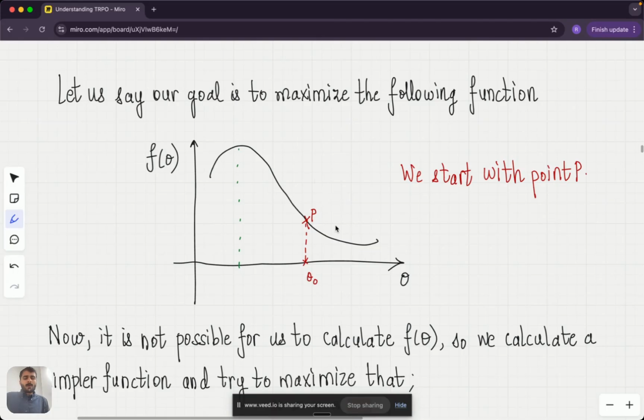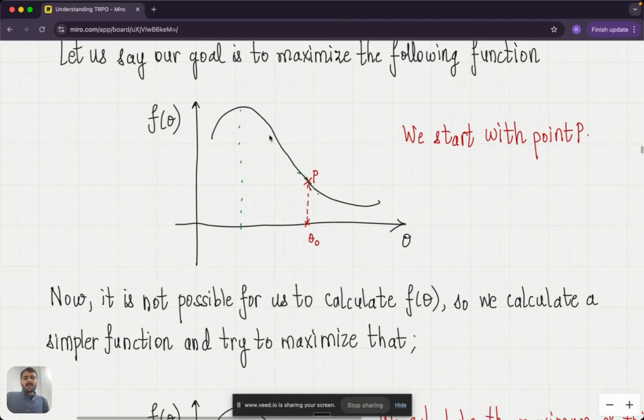But the problem is that we do not know f of theta beforehand. We do not know the function f of theta. So then what do we do? How do we calculate this peak if we do not know f of theta itself? How do we calculate the gradient even if we were to apply the gradient algorithm to traverse to the peak? We do not know the function. So what do we do?